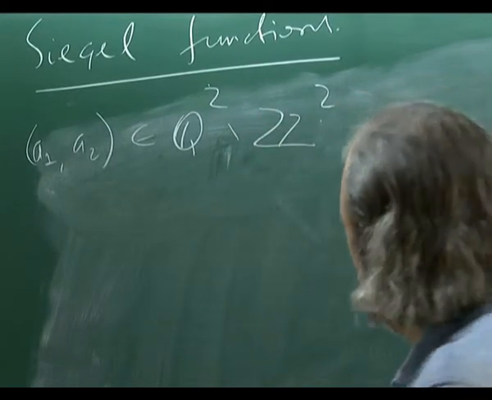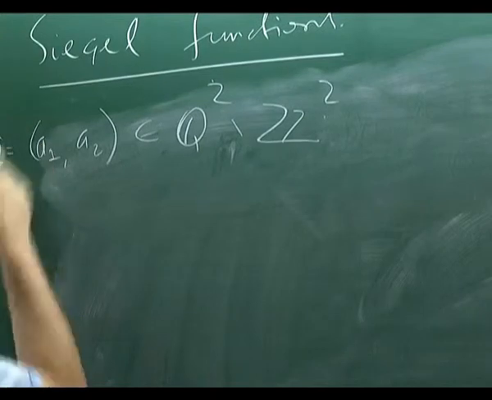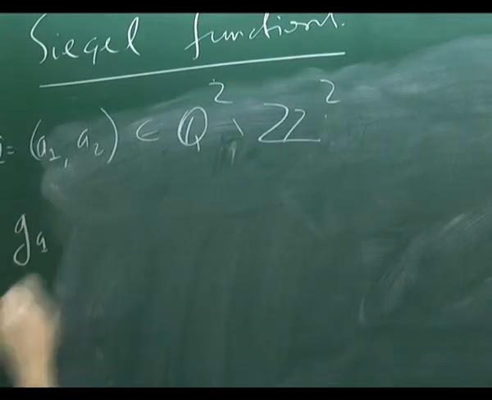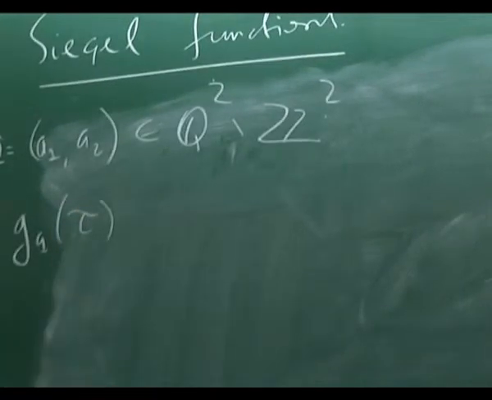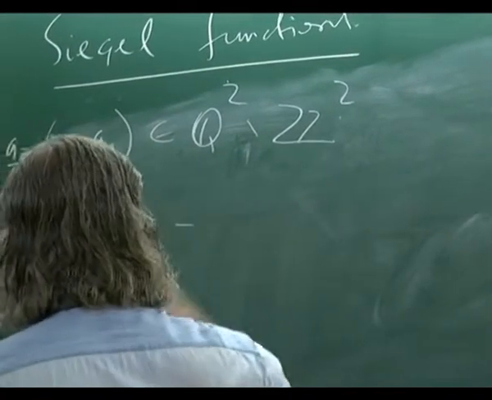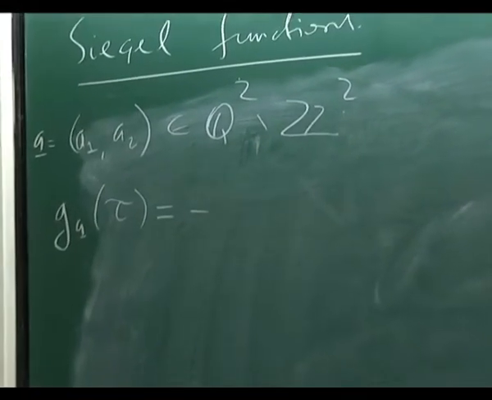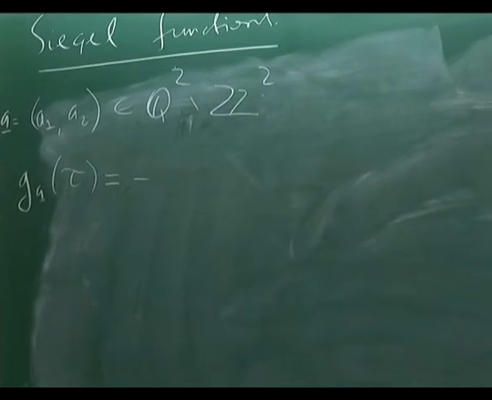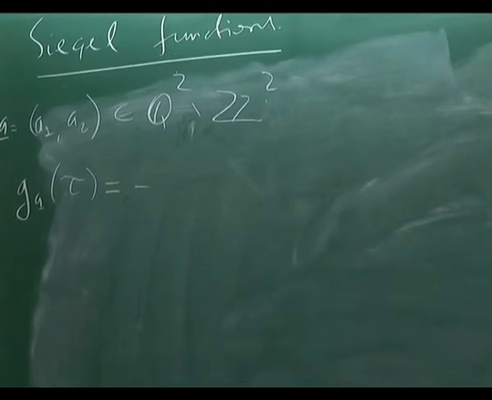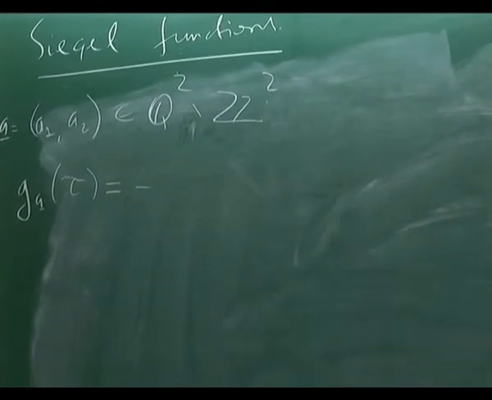And we consider the following function, and we call it g_a of tau. I think it is put minus in here.